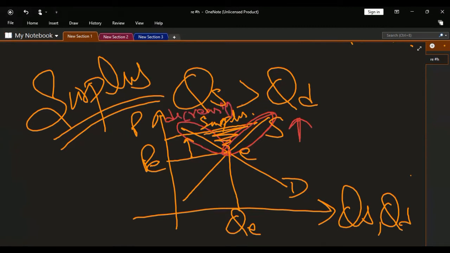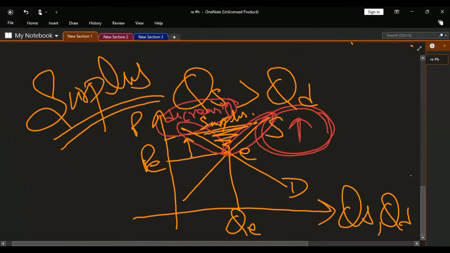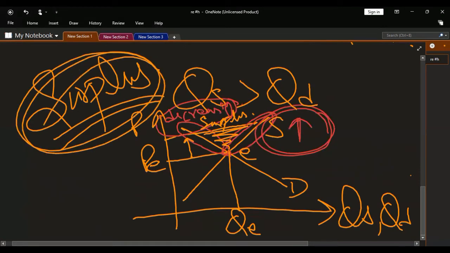So, due to the unnecessary increase in quantity supplied and unnecessary decrease in quantity demanded, it will create an artificial surplus in the market. Such a condition is known as surplus.